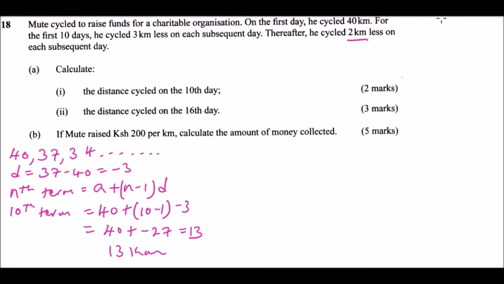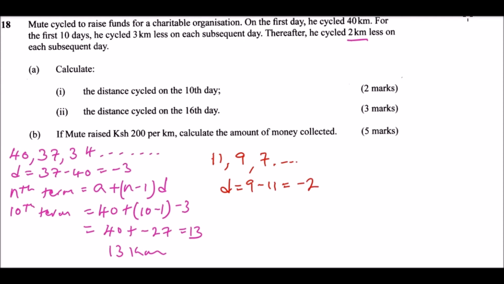So since on the 10th day he cycled 13 kilometers, the next day, the 11th day, he cycled 11, followed by 9, followed by 7, and so on like that. So this means that d is equal to minus 2. That is, we can say it is 9 minus 11, which will give you minus 2.